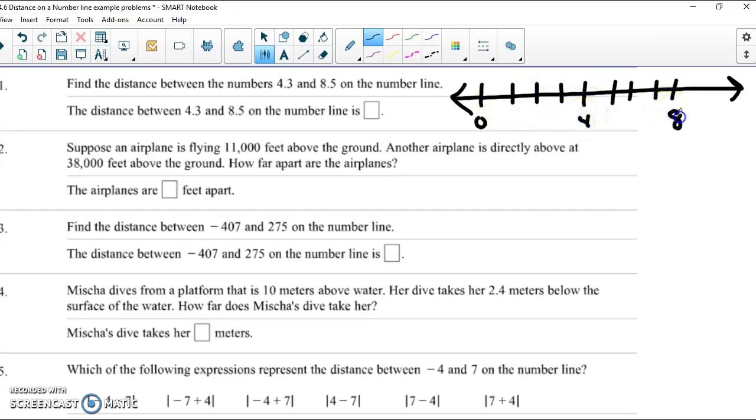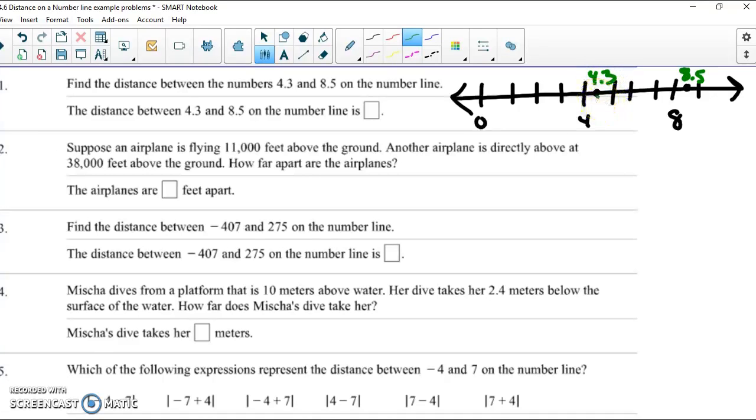So here's 4 and here's 8. So 4 and 3/10 is going to be about right here, a little less than halfway between 4 and 5. And 8 and 5/10 is going to be halfway in between 8 and 9. So let's label these so that we know what they are.